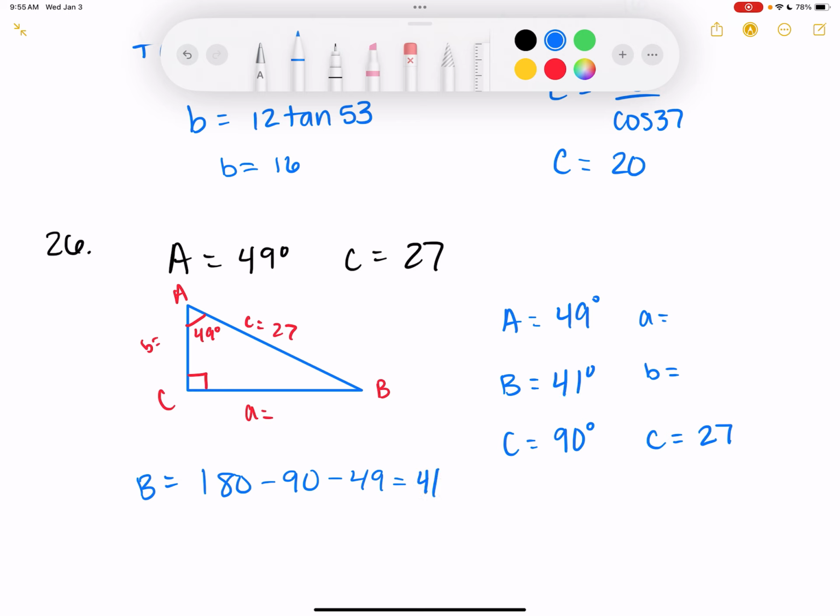So 41 degrees is going to be angle B. So now I need to solve for side A and side B. The only side that I already know is the hypotenuse. So that means I can't use tangent at this point because I don't have enough information to use tangent. So I can either use sine or cosine. Which one do you want to use, and of which angle?